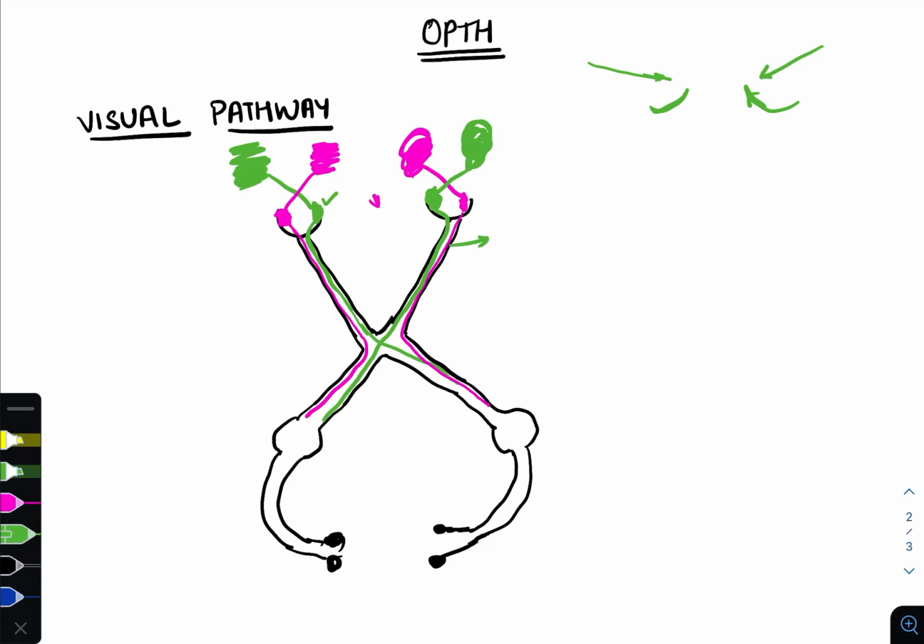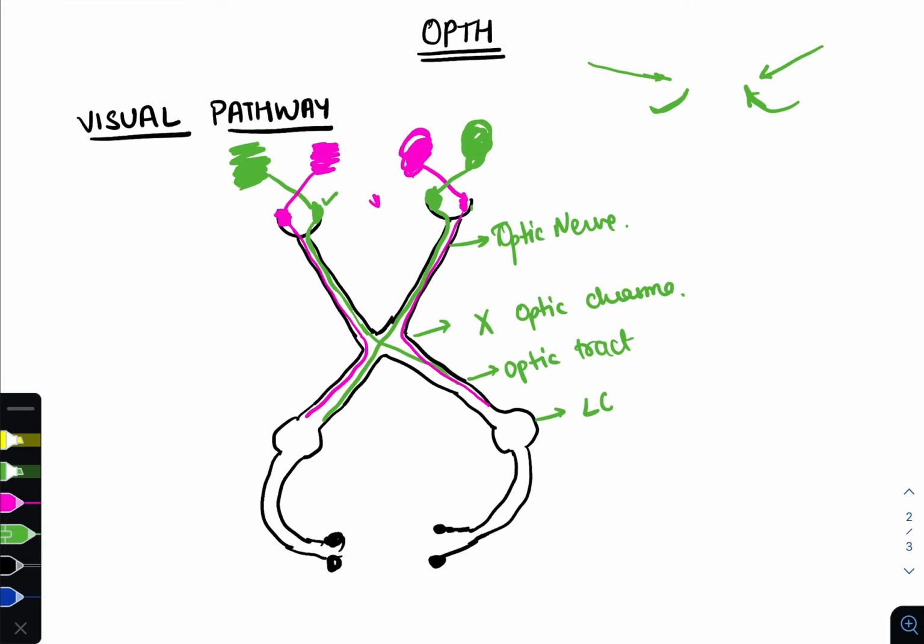Here is our temporal retina, and here is our optic nerve. After the optic nerve we have this X shape, which is the optic chiasma. After the optic chiasma comes the optic tract.